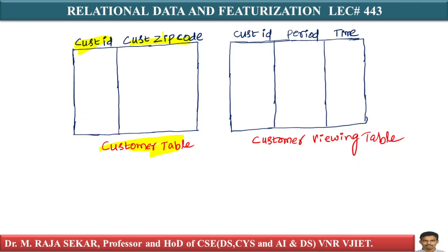Let's assume we have a second table, which we call customer viewing data, or the customer viewing table. Let's assume this is an e-commerce website, and in this table, given a customer ID and product ID, we store the time at which this customer viewed this product.